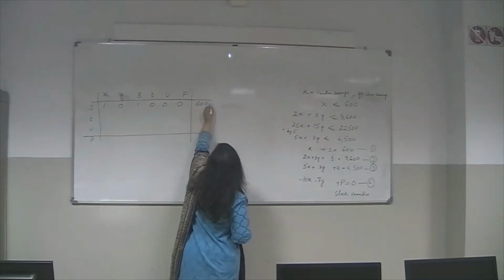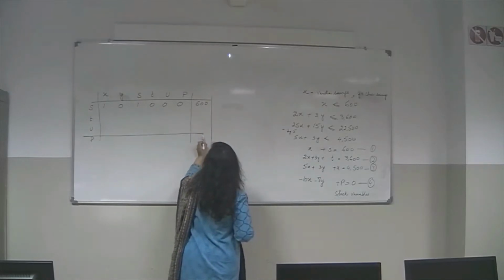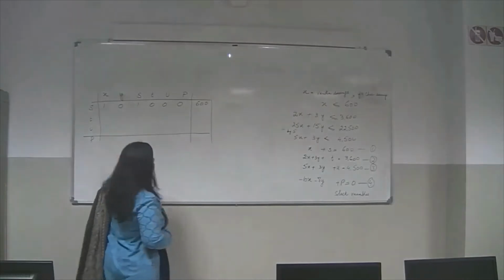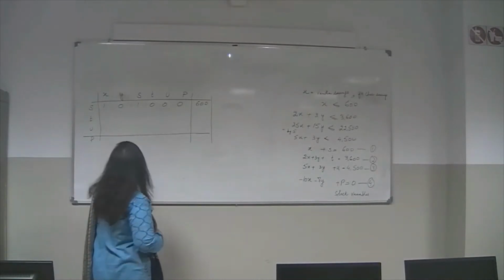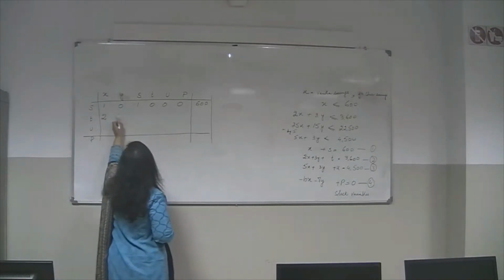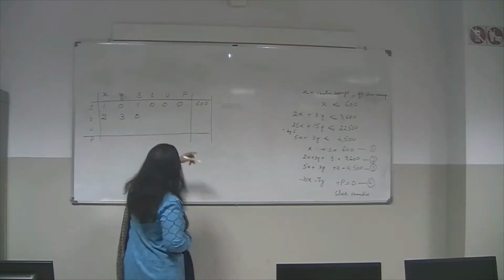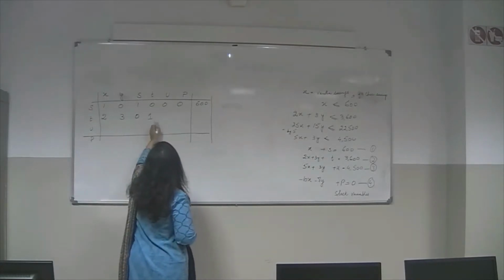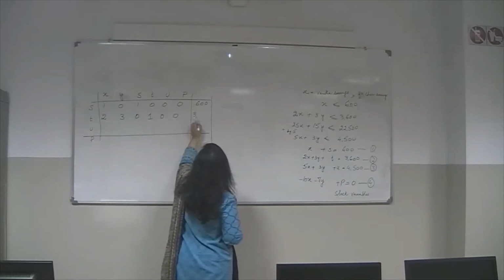Okay, we just extend the line. Now again for the second part, we have 2x and we have 3y, and we have 0s here, but we have 1t, and we have 0u, 0p, and this comes to about 3,600.